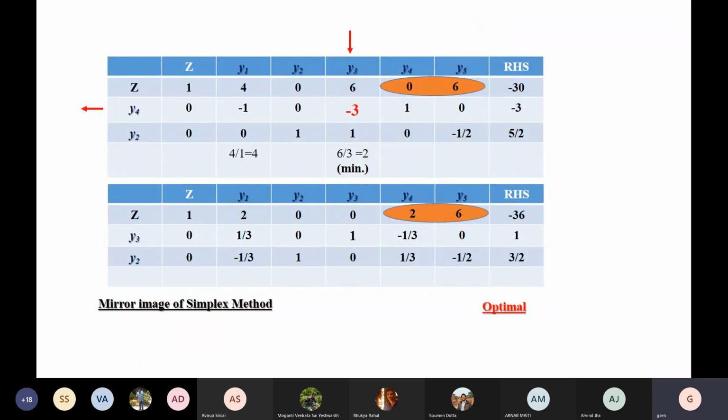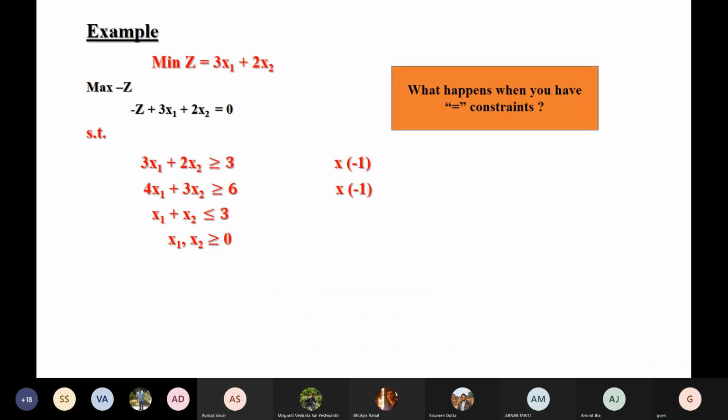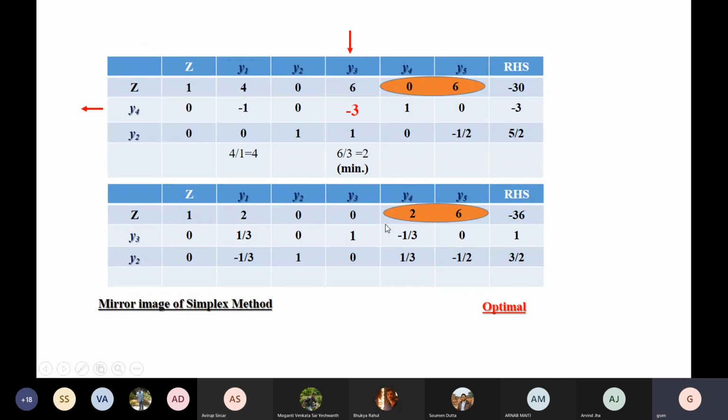Okay. Now it may happen that when you reach this final stage, where you see the right hand side are all positive, which means you have got an initial basic feasible solution, and when you check the dual solution, sometimes some of these elements become negative, which means that although you have found a primal feasible solution, its dual is infeasible.